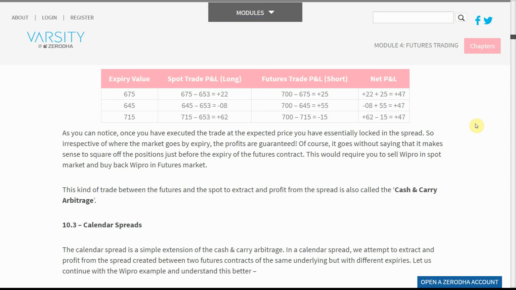As you can notice, once you have executed the trade at the expected price, you have essentially locked in the spread.